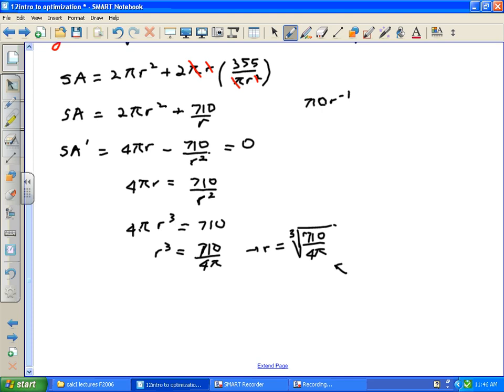Remember, when you are dividing 710 by 4 pi, make sure you use parentheses for the denominator. You're dividing by 2 factors, so division, open a parenthesis after the division sign, then put the 4 pi in there, and close the parentheses. So that ratio should be roughly 56.5.